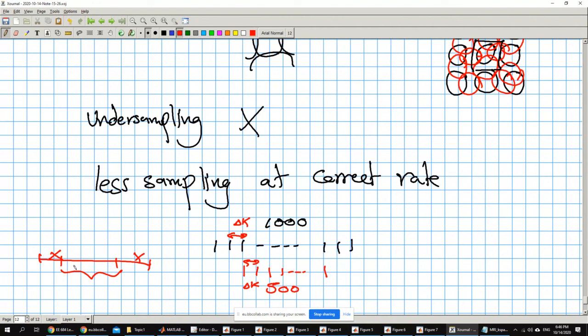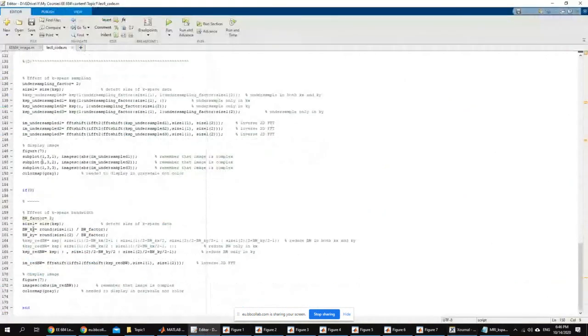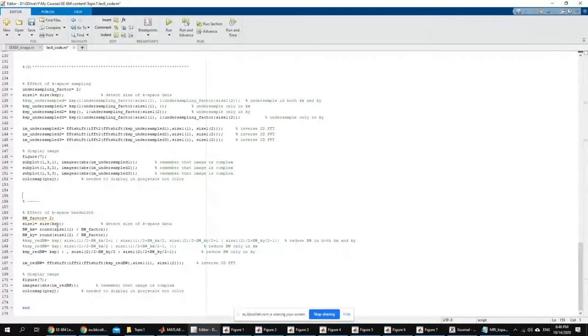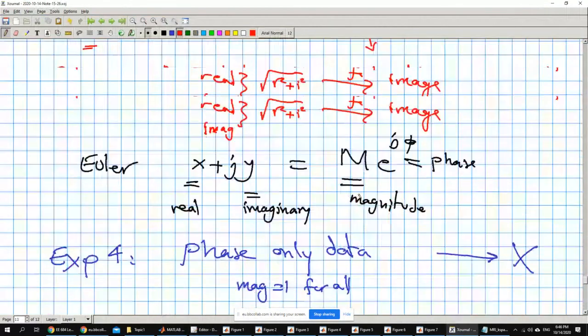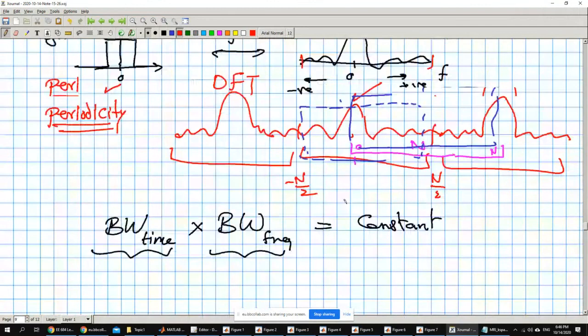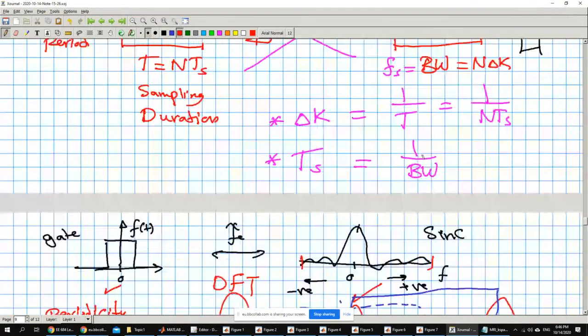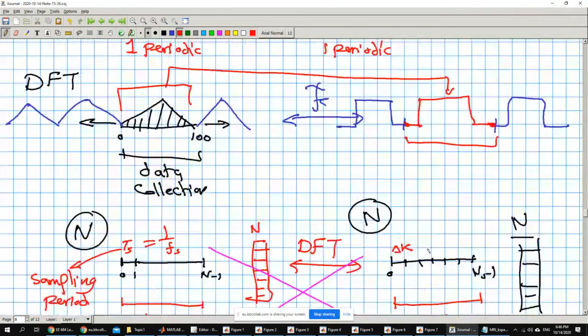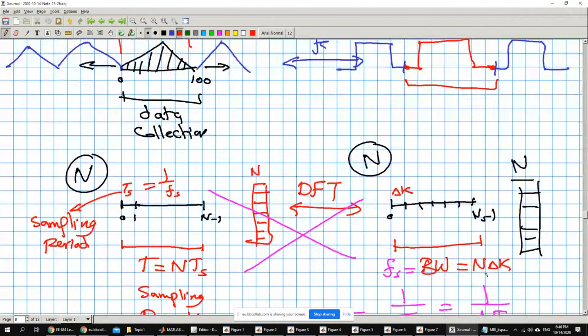Okay, let's try that. This is the last part of this lecture. So this is the bandwidth, because if you remember what we said about the bandwidth, bandwidth was basically this part right there. If I take fewer points, N is less, but delta K is exactly the same, this means that the bandwidth will be a little bit less.